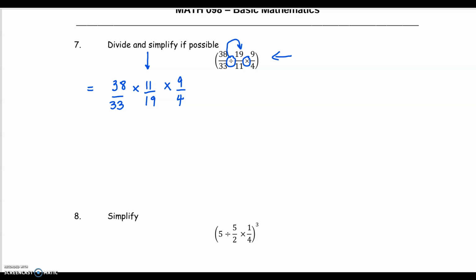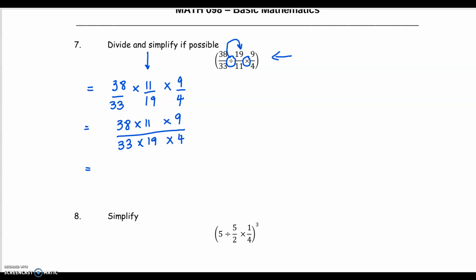Only one fraction is flipped after we change division to multiplication, and the fraction that gets flipped is the fraction that sits right next to the division sign. Everything else is untouched. So now we have 38 times 11 times 9 divided by 33 times 19 times 4.